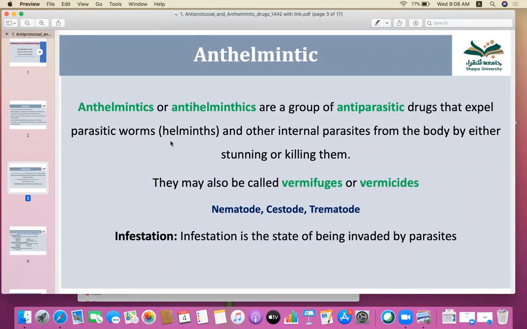Anthelmintics, see the spelling, or we can also say anti-helminthics or anthelmintics, are a group of anti-parasitic drugs that expel the parasitic worms, that is the helminths and other internal parasites, from the body by stunning or killing them.